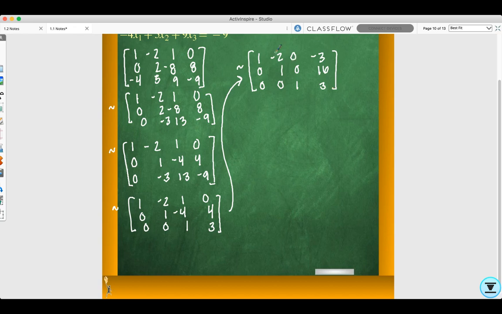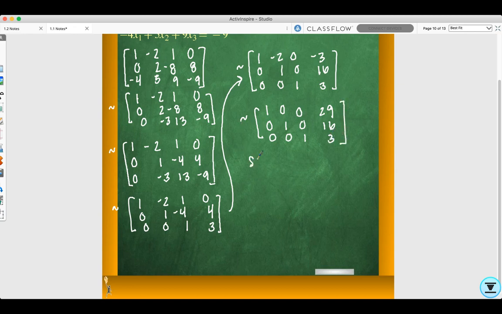The last thing I need to do is this has to become a 0. So I can take 2 times row 2, add it to row 1, and that would become a 0. So I'd have 1, 0, 0, 29. I have 0, 1, 0, 16, and then 0, 0, 1, 3.